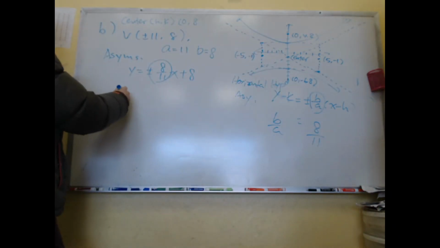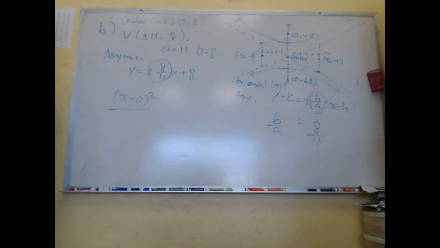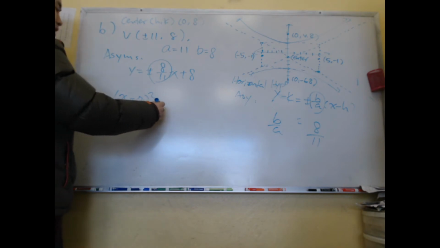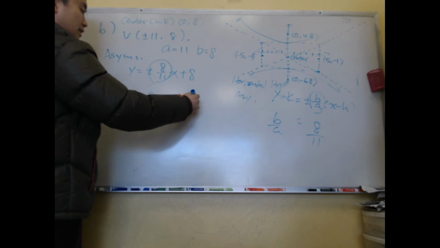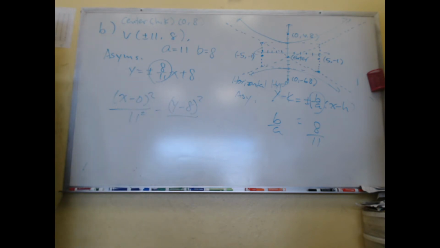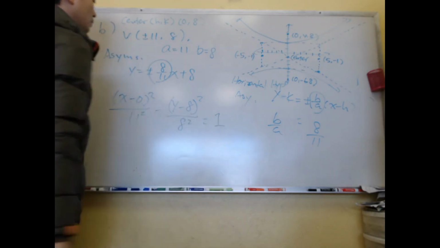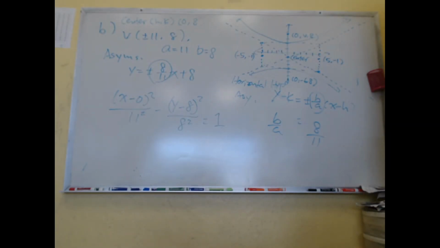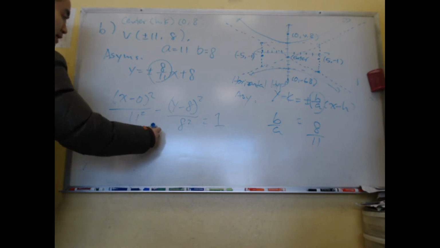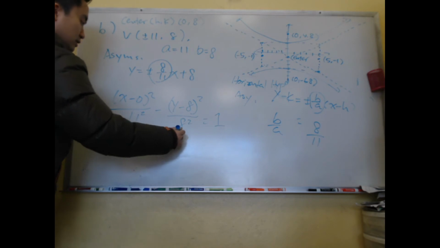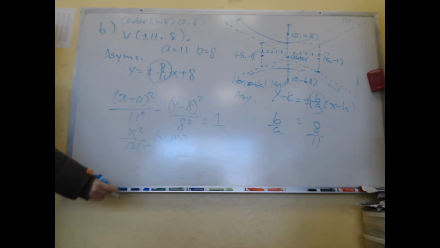So it's x minus 0 quantity squared over 11 squared minus y minus k quantity squared over b squared. So the whole thing, what is that equal to? 1. And then you try to simplify the equation a little bit. x squared over 121 minus y minus 8 quantity squared over 64. And what is that equal to? 1.